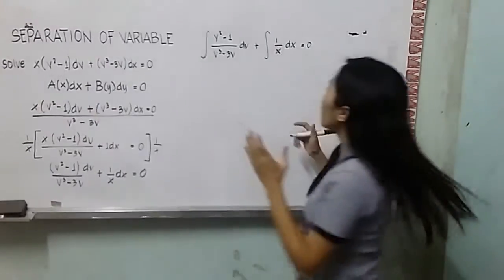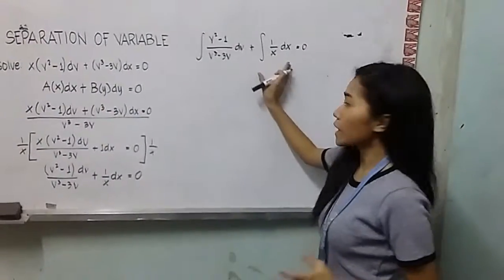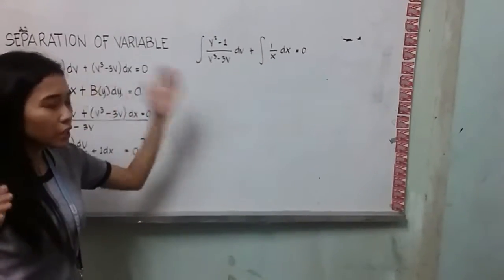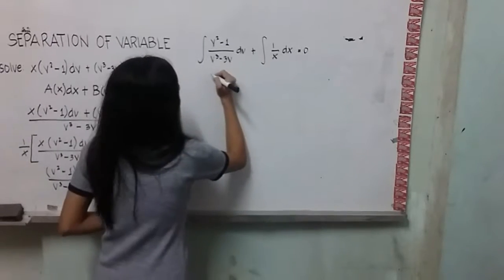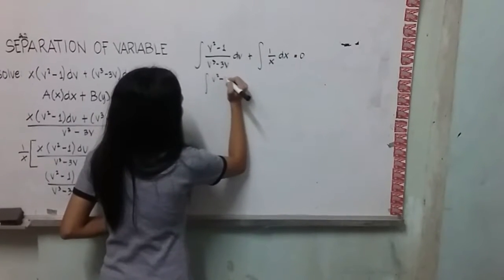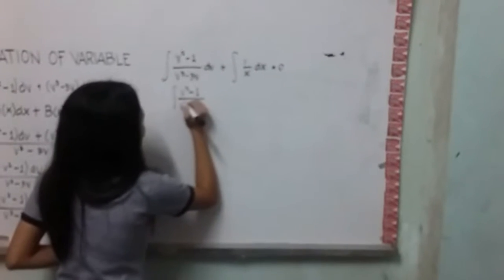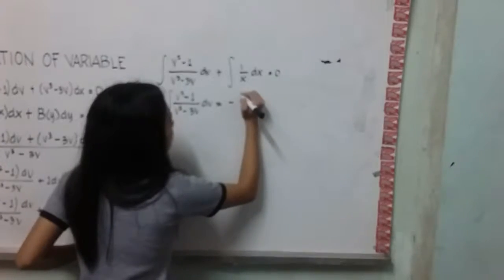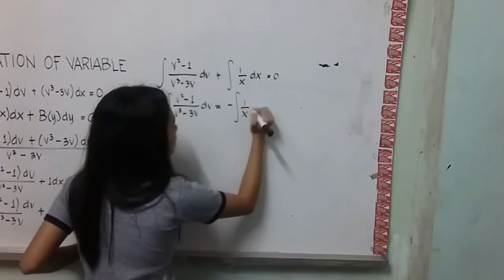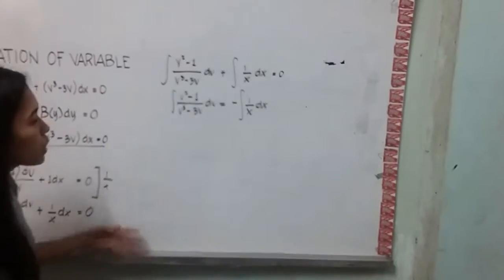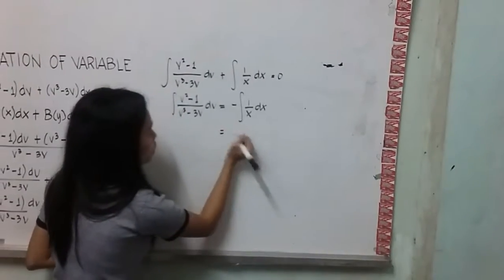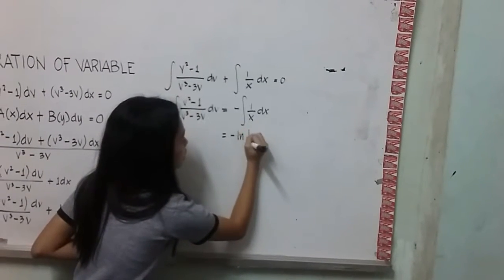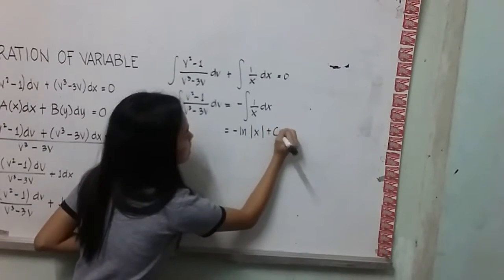We can also move this 1 over x dx to the left side so we can see clearly the result of this equation. So we will have the integral of (v squared minus 1) over (v cubed minus 3v) dv equals negative the integral of 1 over x dx. So here, the integral of 1 over x is equal to negative ln x plus c.